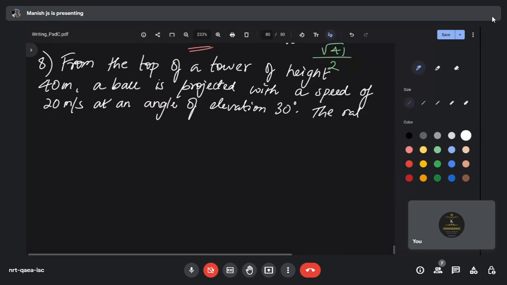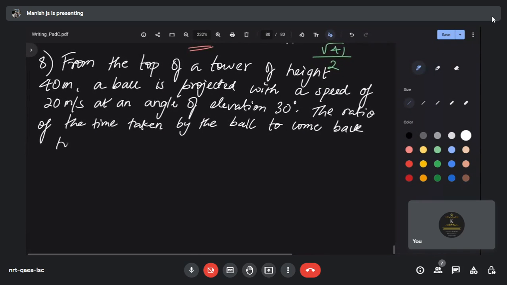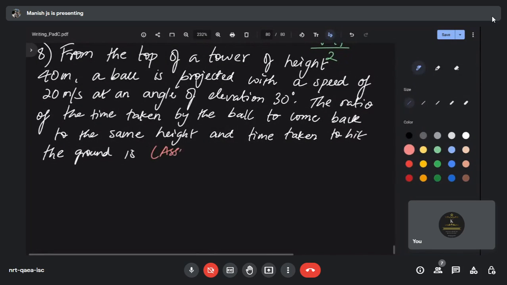The ratio of the time taken by the ball to come back to the same height and the time taken to hit the ground is... In that, they are asking you to assume g as 10 meters per second square.